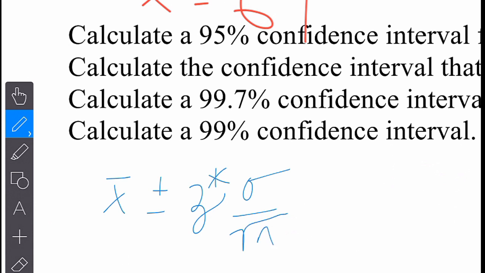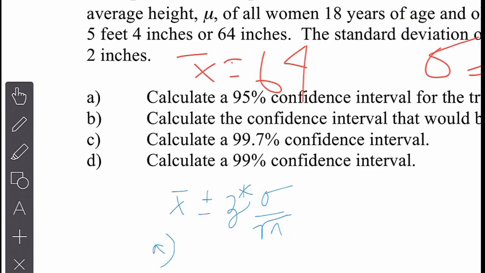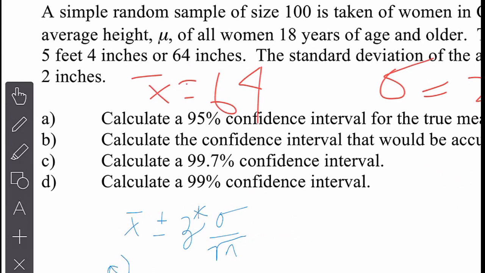For part A, I have X bar, I have sigma, and I need n. Let's go back and see what n is. It was a sample of 100, so I'm going to write that down in my data.